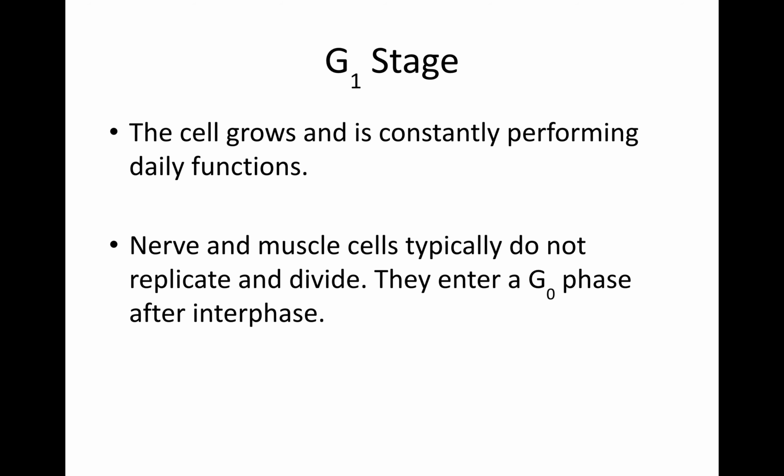Staying with our analogy to humans, it's somebody that does not have children, basically. So if something tragically happens to that person, we're thinking of them as cells here, they're no more. They can't replicate anymore and make more. Their genes are not being passed down.